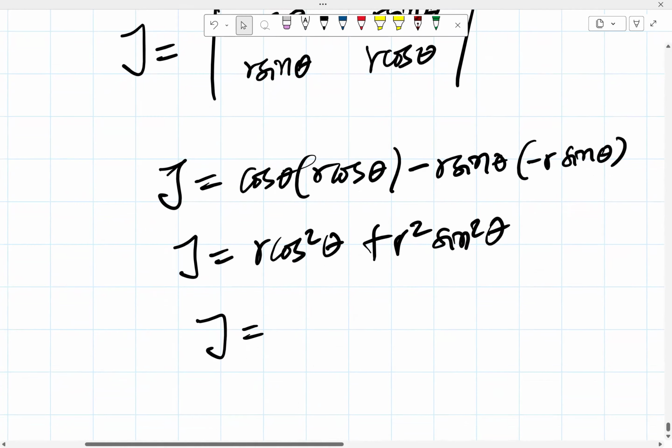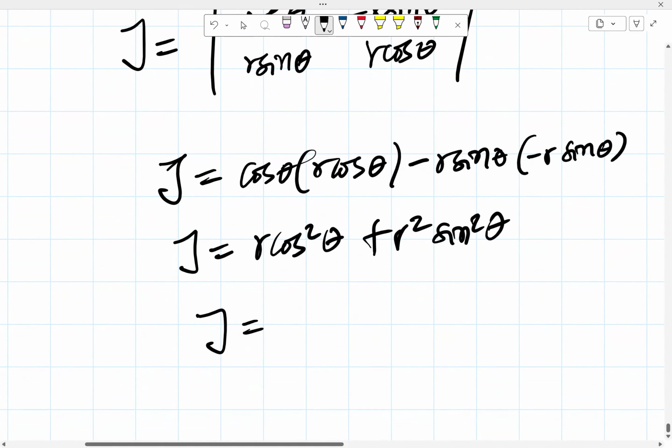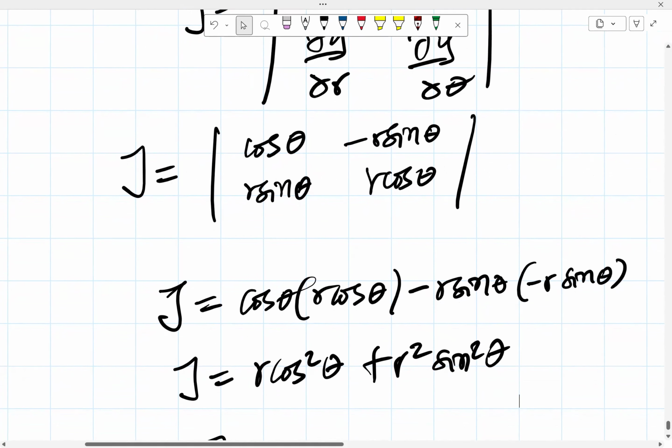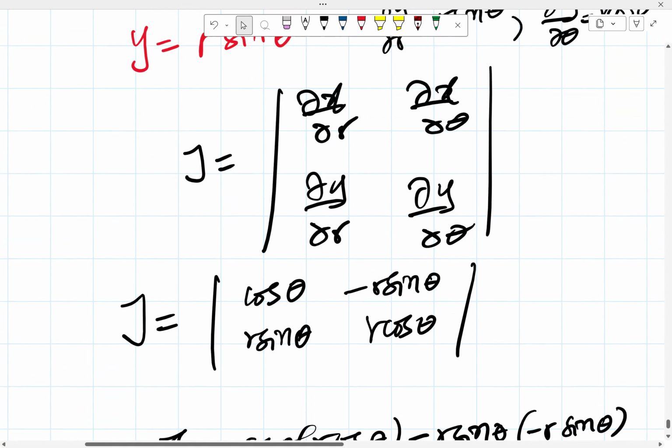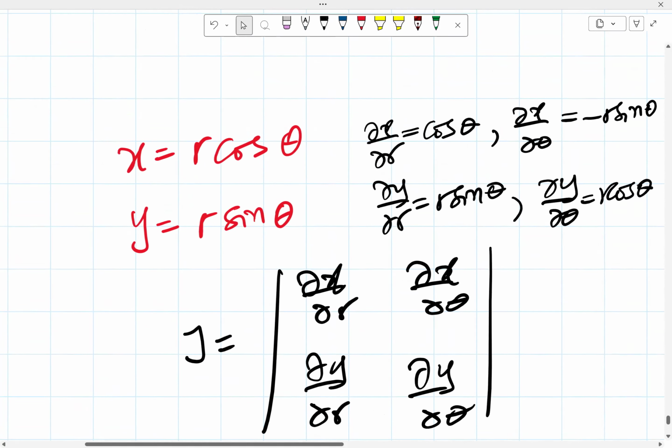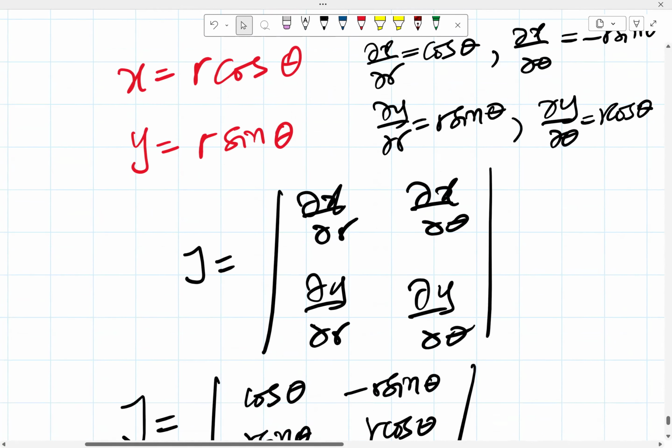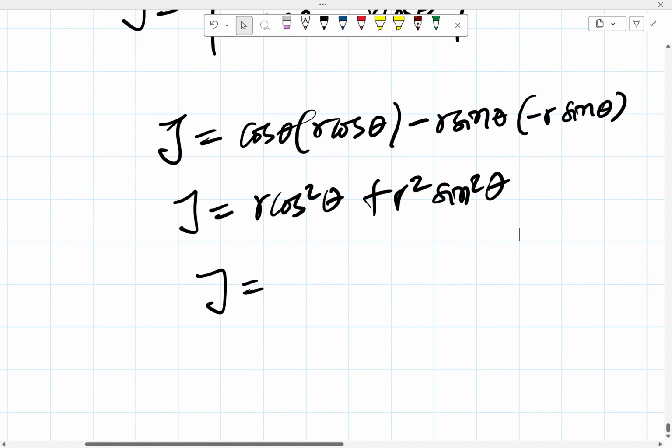Is everything fine here? So j now is equal to... what's different here now? Cos theta. Hmm. What could this be?